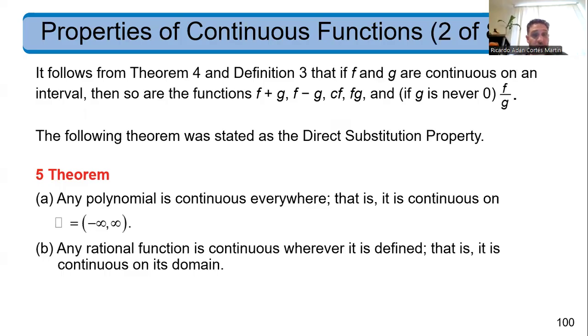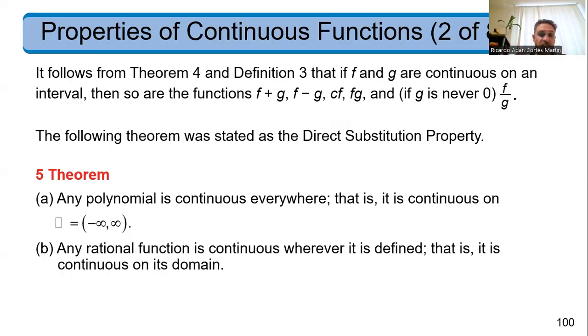Okay, so if we take functions that are, for example, sums or divisions, they're going to be continuous. So any polynomial, because it is made out of continuous functions, in this case, the continuous function is x, every polynomial is always continuous.